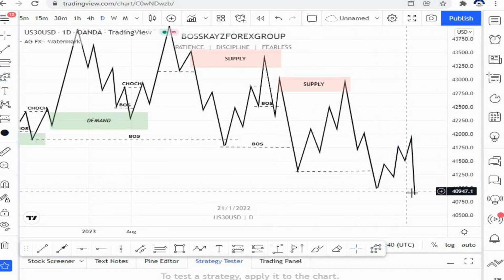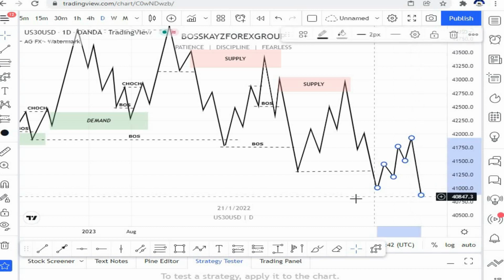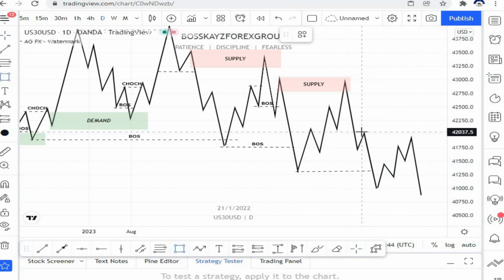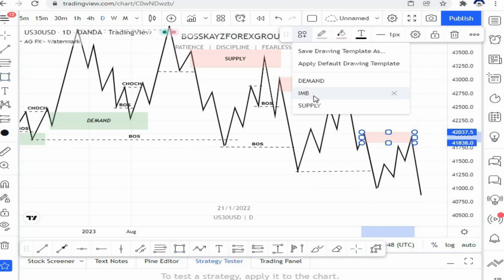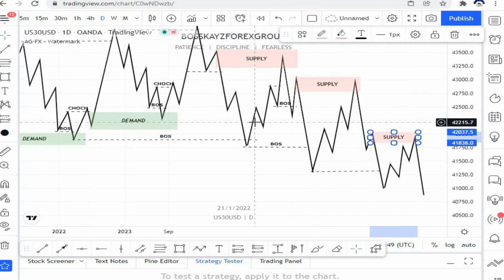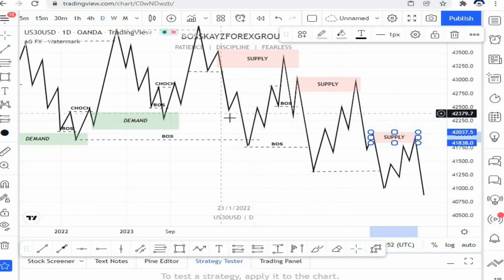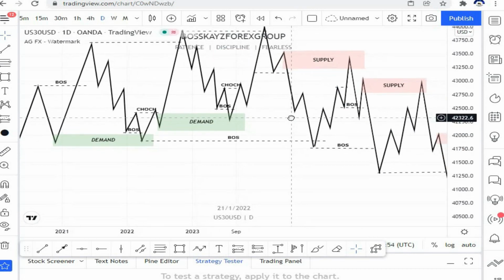Meaning you want to see compression as a nice price approach to that order block zone area, not a fast move, right? So that's how you look for your market structure, and that's how you apply this CHoCH and break of structure, guys.